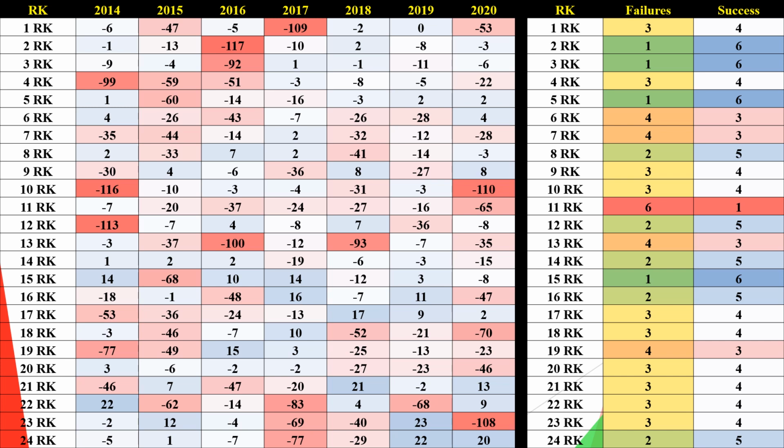And then I judge based on the results between last year and this year whether it was a failure or success. Obviously, the ultimate would be 7 successes, 0 failures. Worst case would be all failures, 7 and 0 successes.